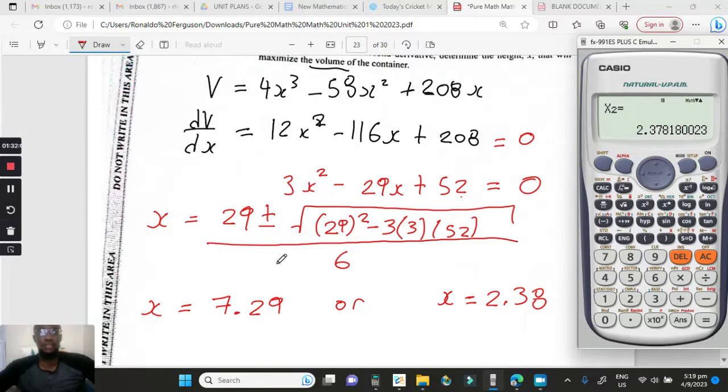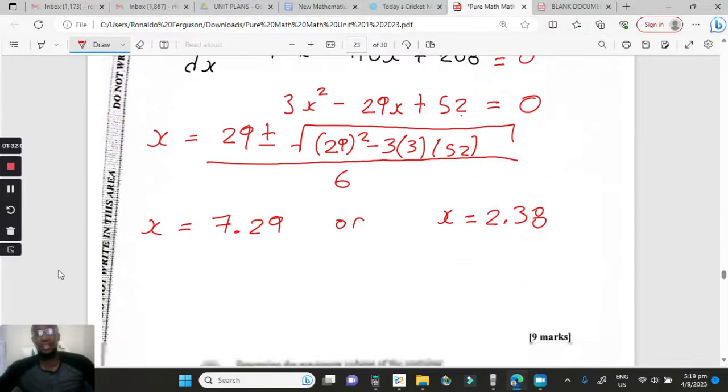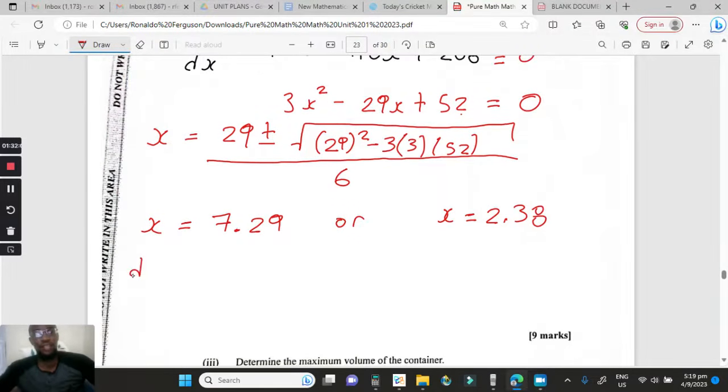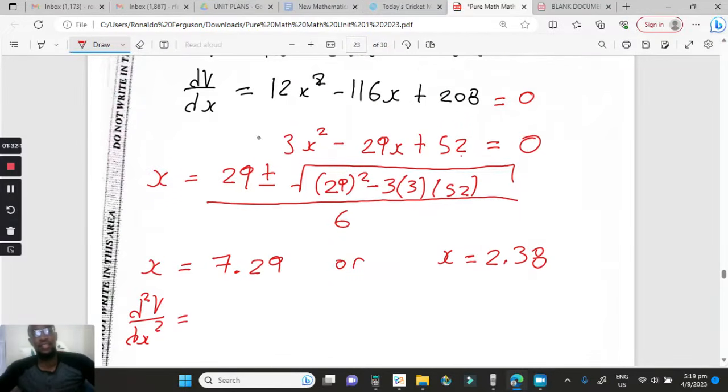So now we can differentiate again to use the second derivative. So d²V/dx² is, differentiating 12x squared, we get 24x minus 116. We're looking for the one that's less than 0. Clearly, when you put in 7, it's greater than 0.